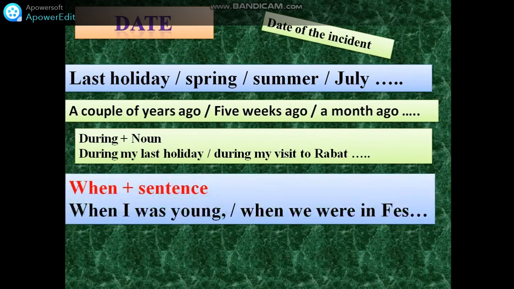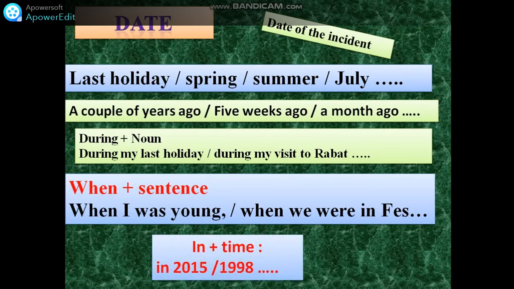You can say when plus sentence, for example, when I was young, when we were in Fes. In plus time, for example, you can start your story with in 2015 or in 1998. Of course, you can make a sentence here. For example, a couple of years ago, we visited, or we went to, etc.